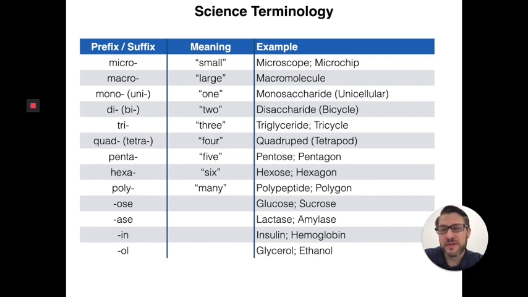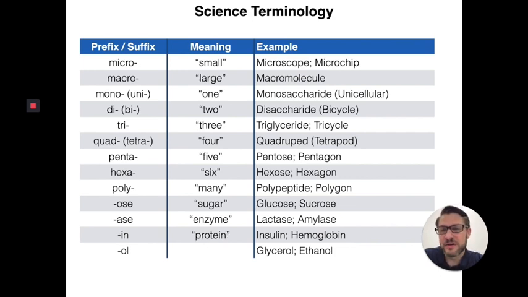Then we have some common suffixes in biology. So remember, ose is representative of a sugar or just a carb in general. So we have the example of glucose or sucrose. Then ase is the ending that we use to denote an enzyme. Lactase is the enzyme that breaks down lactose. Or amylase is the enzyme that breaks down the starch amylose.